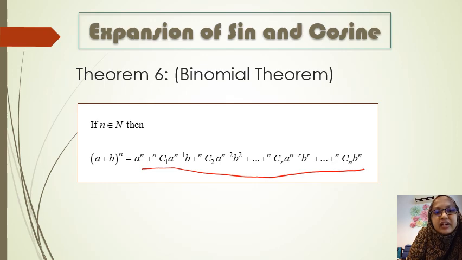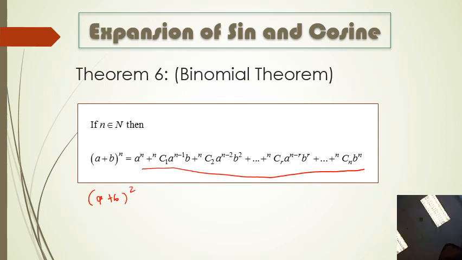For example, if you have (a + b)^4, then n is equal to 4.